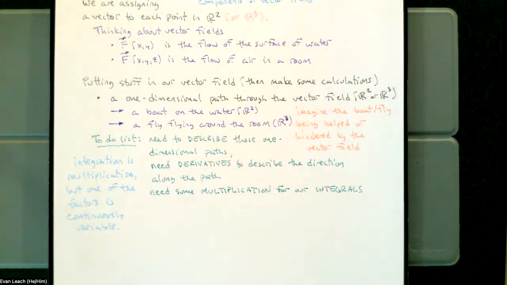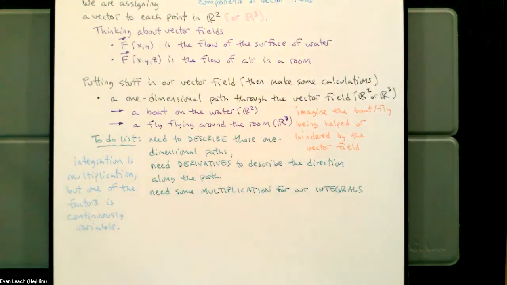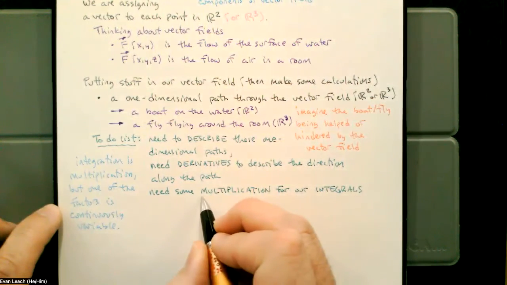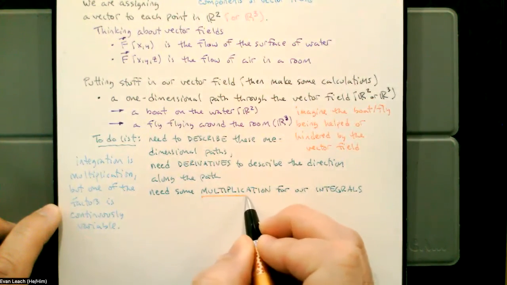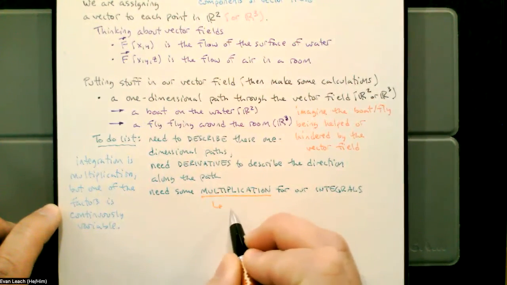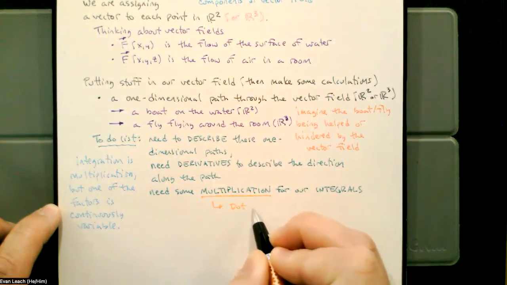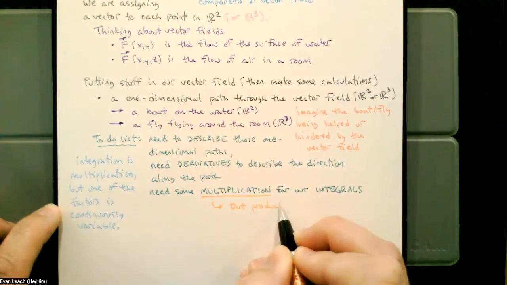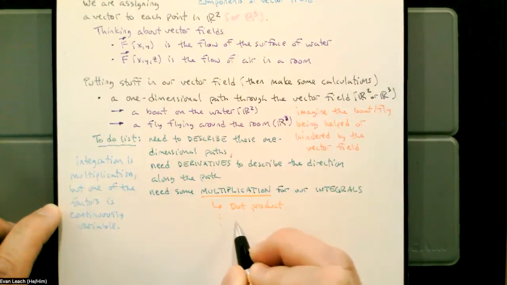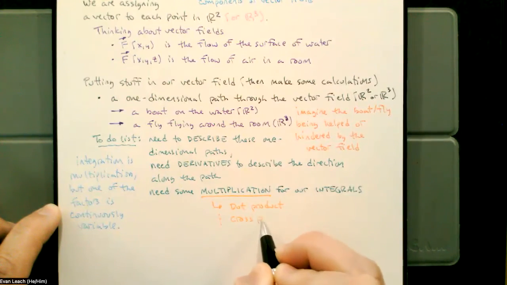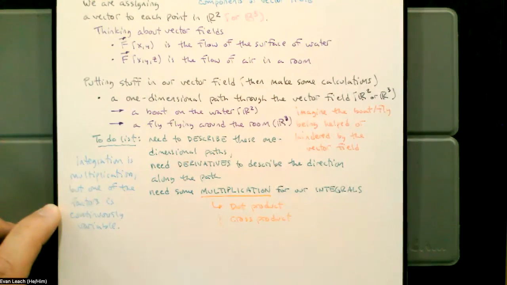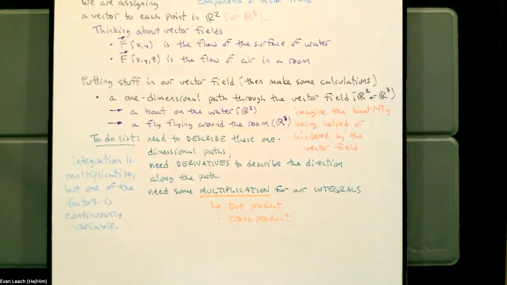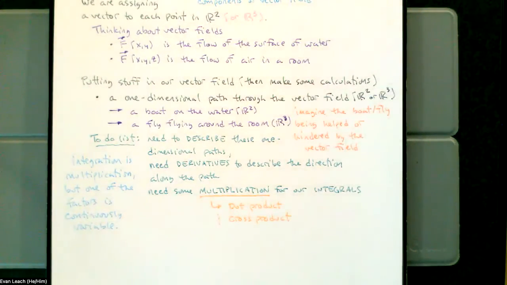We need some multiplication for our integrals. Since everything is vectors, our multiplication is going to consist of dot products and cross products.